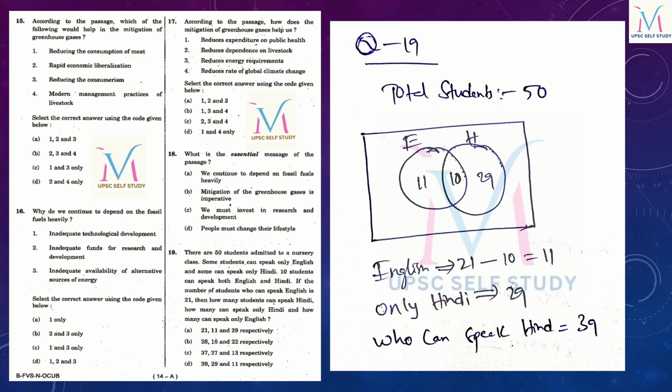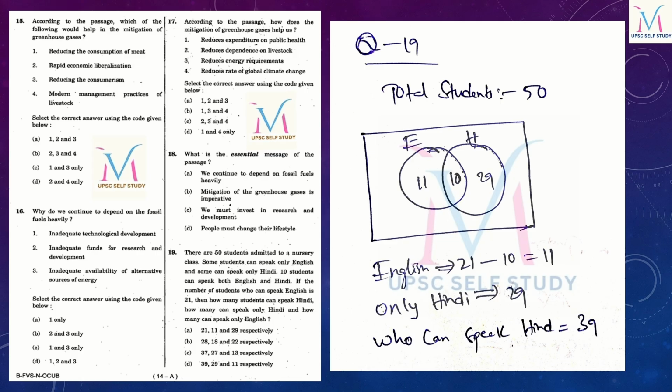Again, coming back to the question. 10 students can speak both English and Hindi. If the number of students who can speak English is 21.